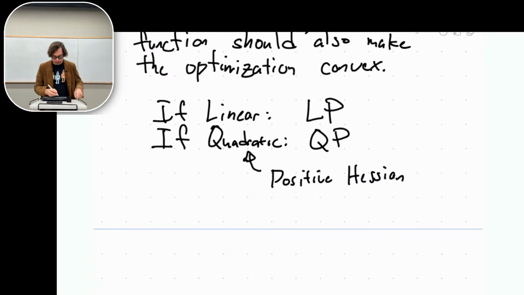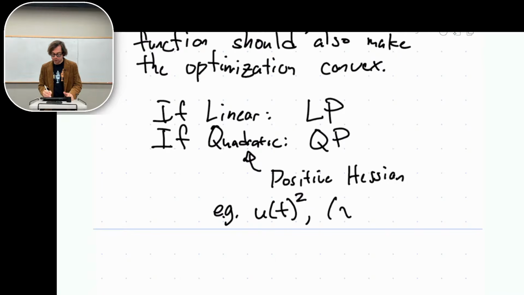Classic examples of quadratic costs: squaring your control input. That's an efficiency term.